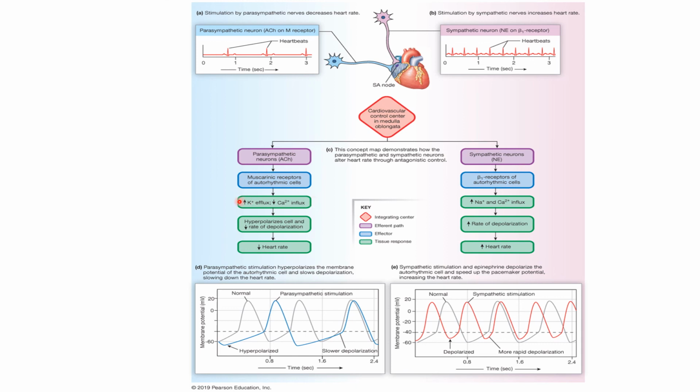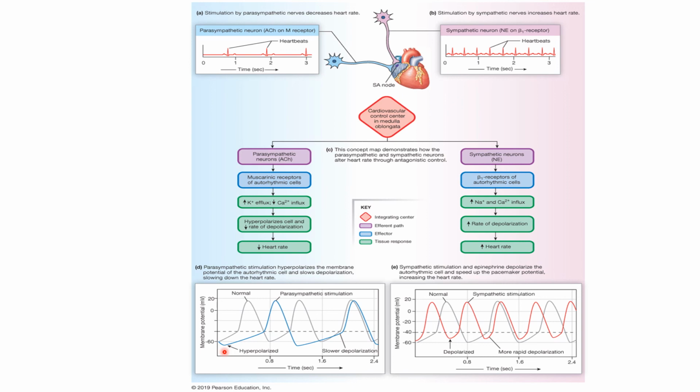If you have a whole lot of potassium leaving the cell, that's going to increase hyperpolarization. So your resting membrane potential, or pacemaker potential, is not going to start off at negative 60 millivolts. It's actually going to start lower. Do you see that blue graph right here? It's starting lower than negative 60.